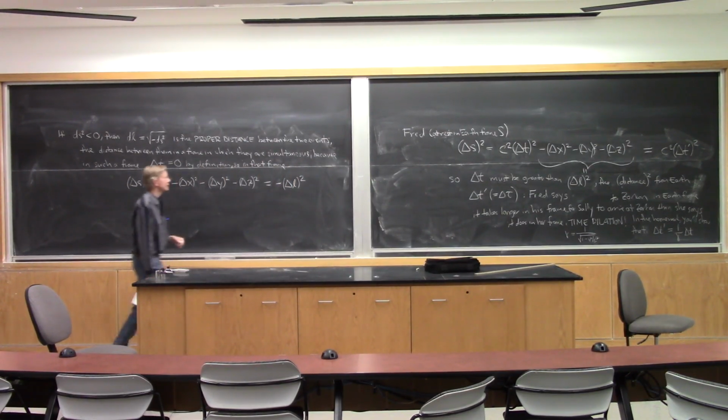Delta s squared is minus the distance squared between the two events in that frame, so we call that the proper distance, the distance measured in the frame in which they're simultaneous.